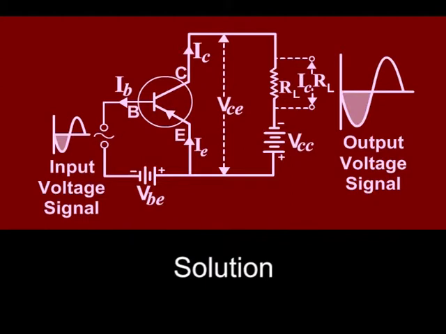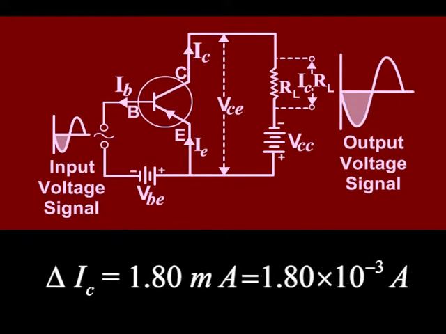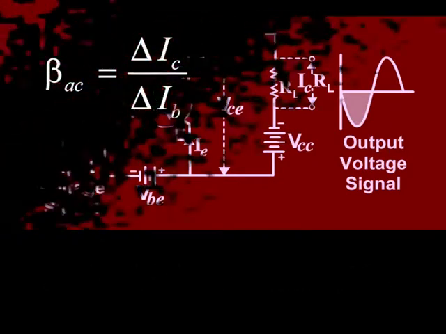Now, let us find the solution. Given here is IB is equal to 80 microampere or 8 into 10 raised to the power minus 5 ampere. Collector current IC is equal to 1.80 milliampere or 1.80 into 10 raised to the power minus 3 ampere.